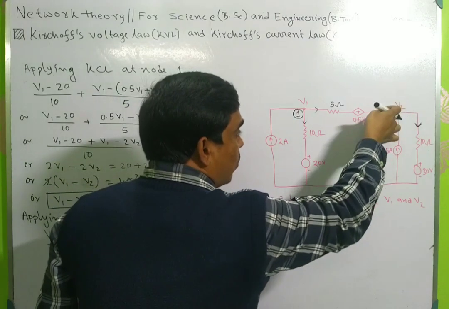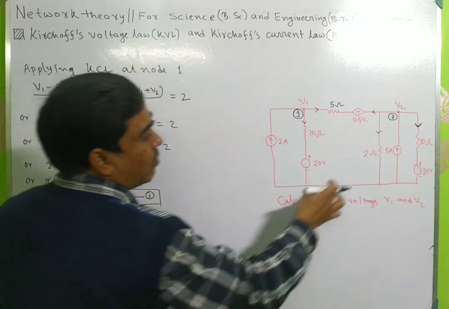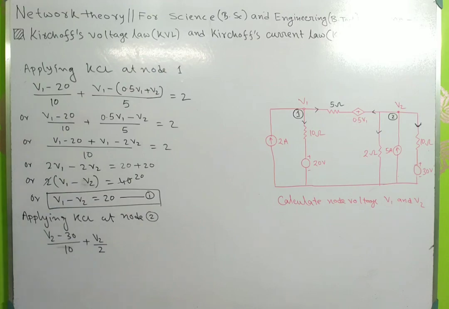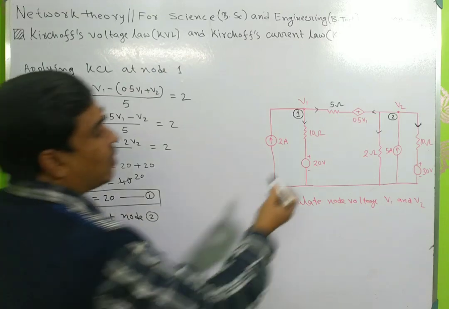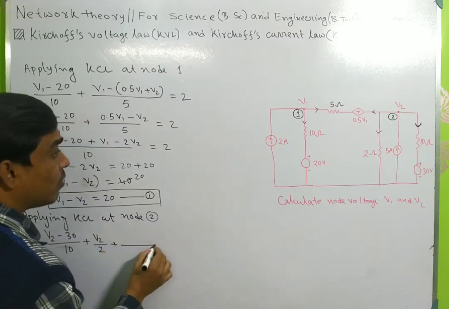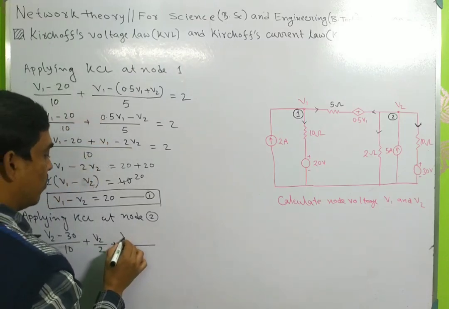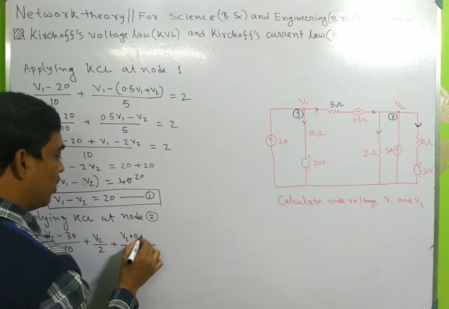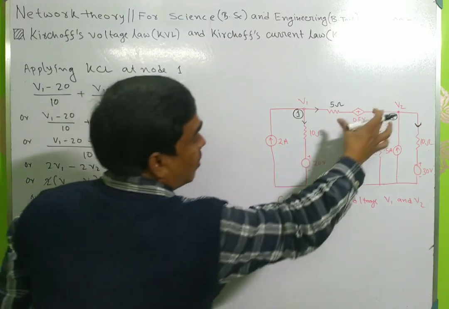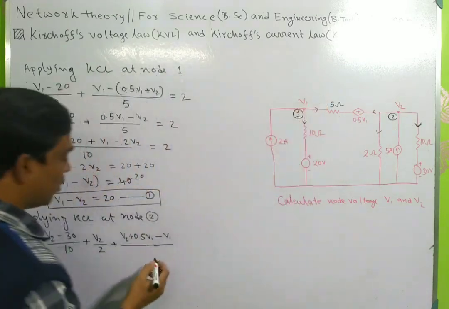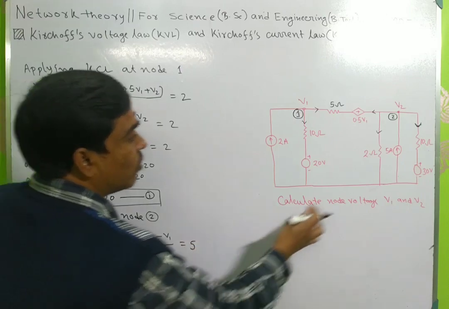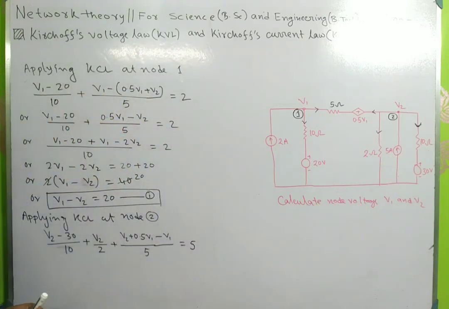So current through this junction, the 2 ohm resistance, will be V2 by 2. Next, current through this junction will be plus V2 plus 0.5 V1 minus V1, this voltage minus this voltage, divided by 5, must equal this 5 ampere.